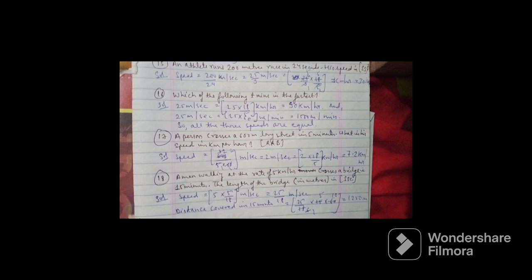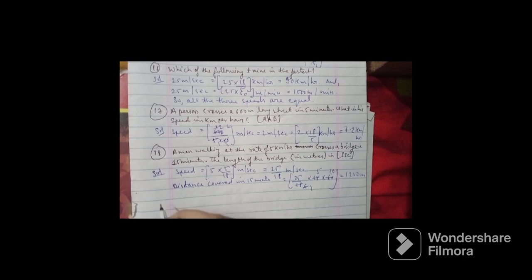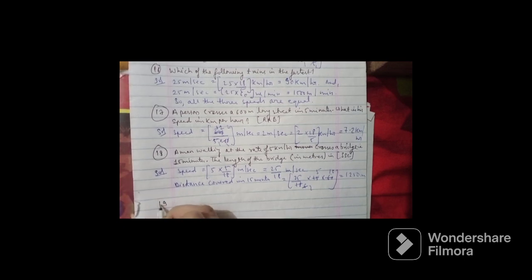Now we go for another one, another important question, your 19th question of the session. You can copy down the solution from here, so that if you are not able to solve it by yourself, you can refer to it.